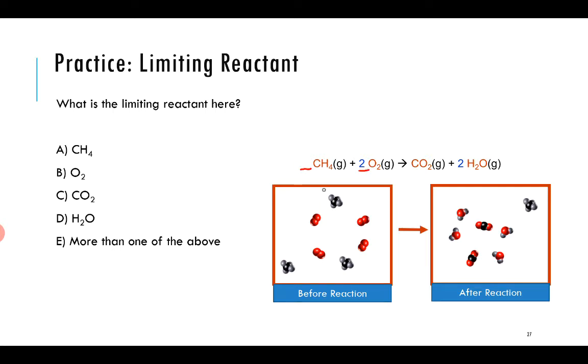So I'm going to circle 1 methane and 2 oxygens, 1 methane and 2 oxygens. And so we have excess methane. We are limited by our O2.